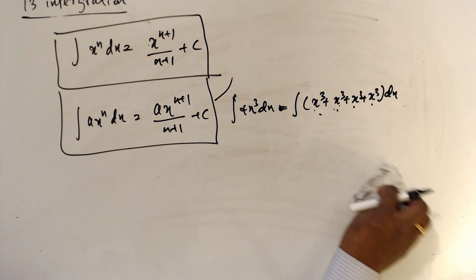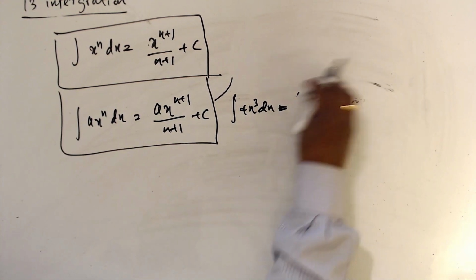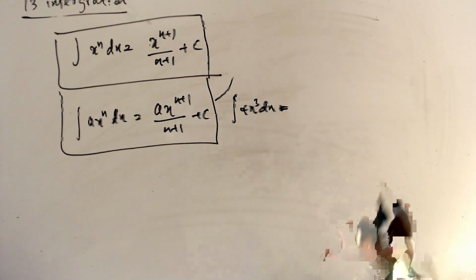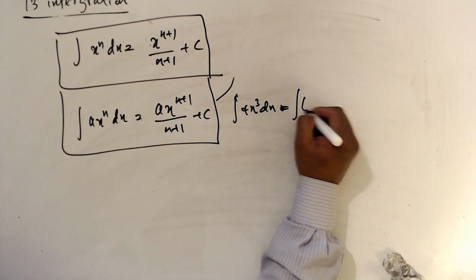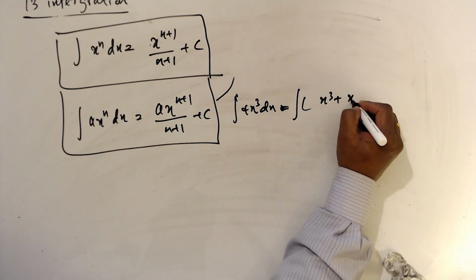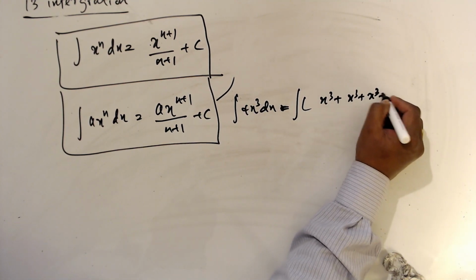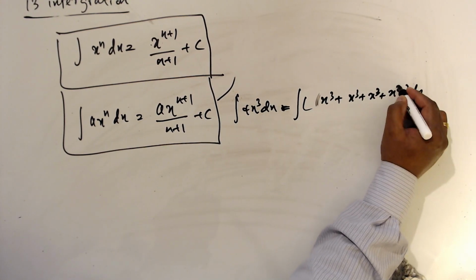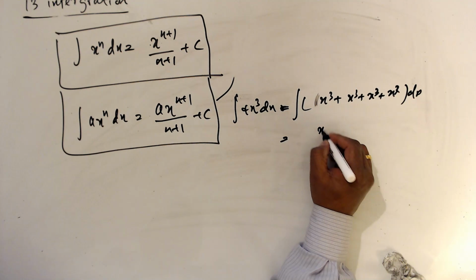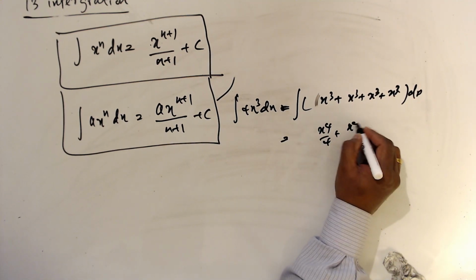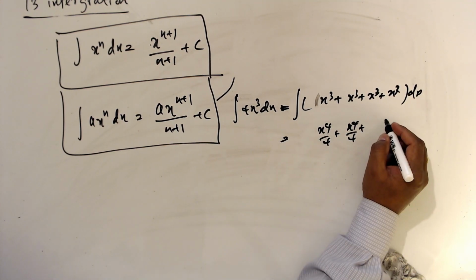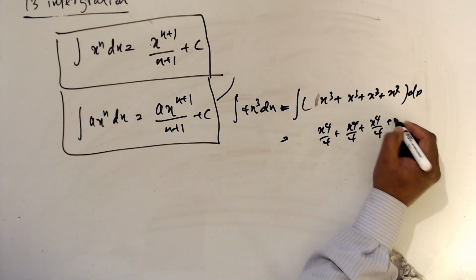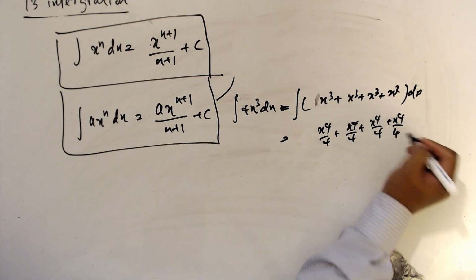So instead of doing this, you can simply, actually I'll rewrite again: x cubed plus x cubed plus x cubed plus x cubed dx. So what is the answer? x^4 over 4, x^4 over 4, x^4 over 4, x^4 over 4.